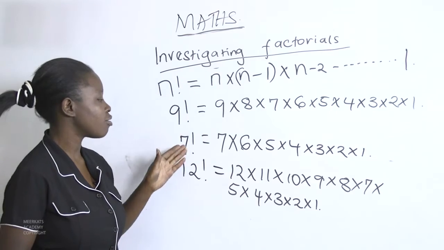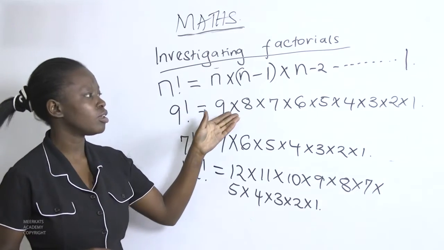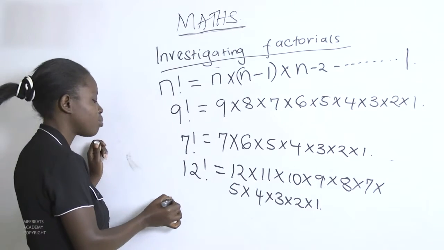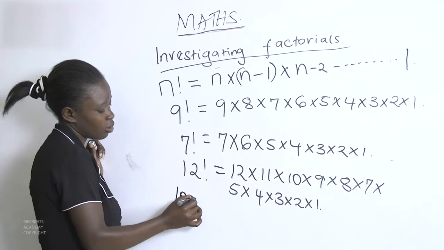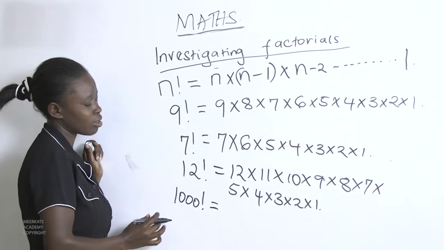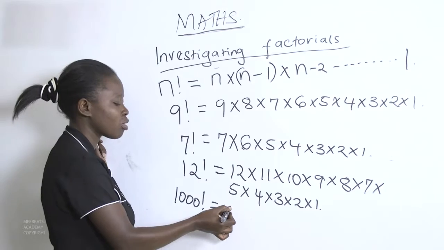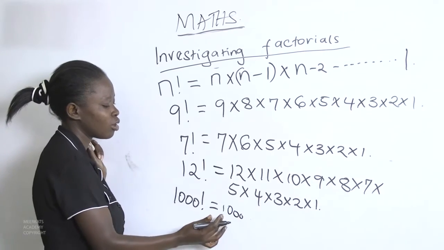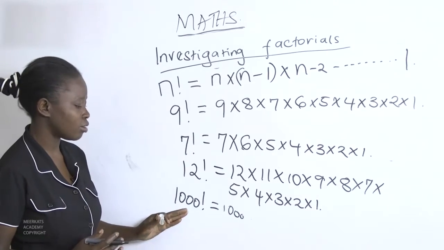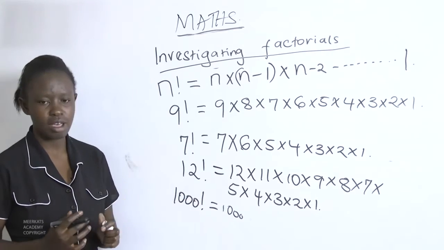Instead of writing all these numbers down, like for instance, you could be having maybe 1000 factorial. You can imagine writing all the way from 1000 until you reach 1, instead of doing all that tedious work. You simply write the number and put the sign after the number.